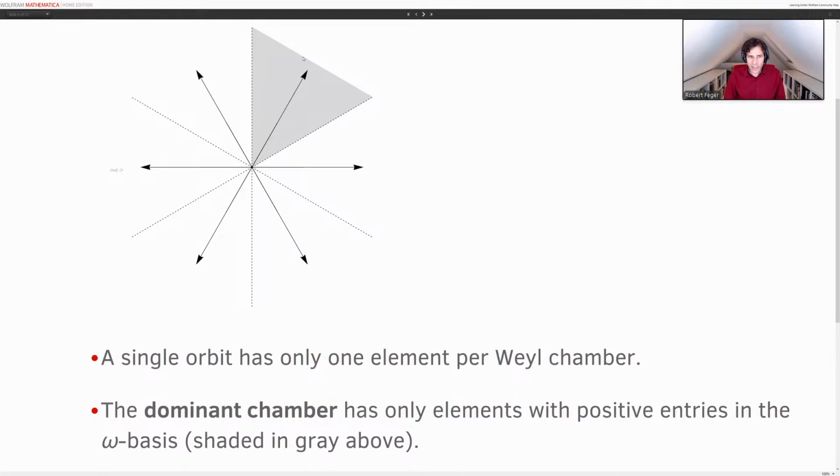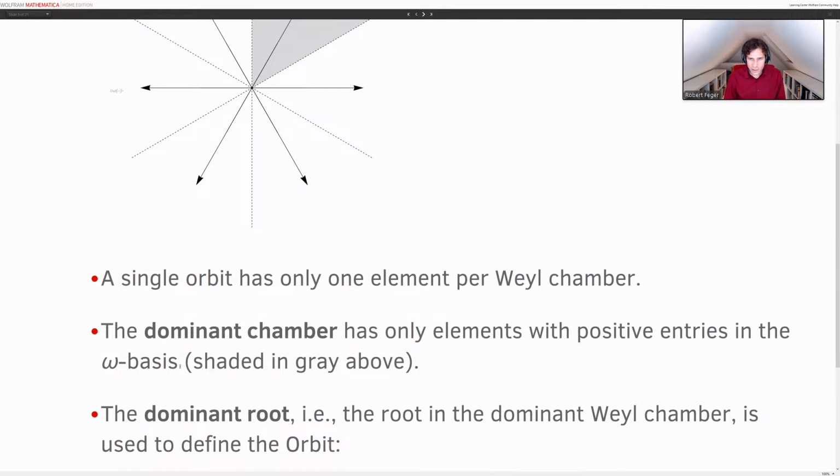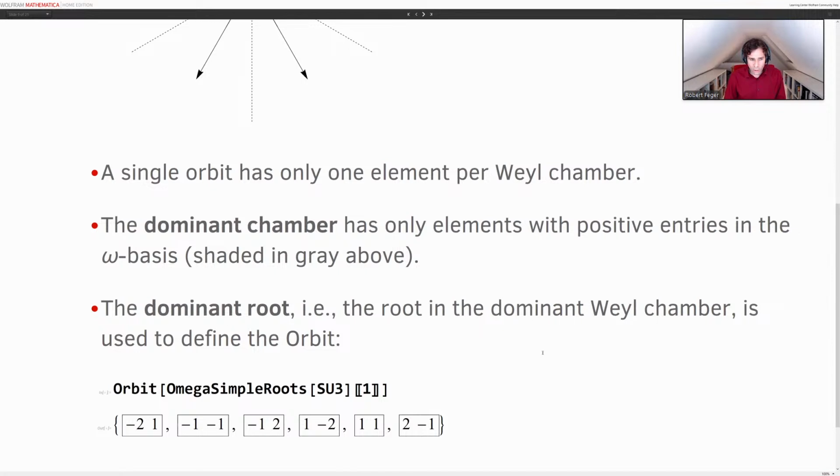And the one that I highlighted here is called the dominant chamber, because the elements in the dominant chamber have only positive entries in the Dynkin labels, which is shaded here in gray in the omega basis or the Dynkin basis. So the dominant root, later on it will also be the dominant weight, is usually used to label the whole orbit.